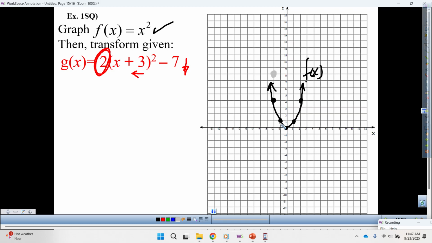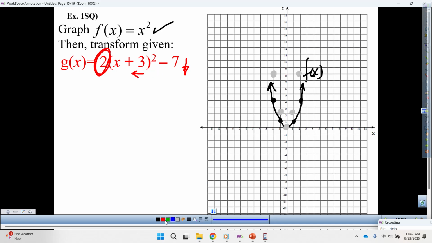Negative 1, 2. That is correct. 0, 0 stays 0. 1, 1 becomes 1, 2. And 2, 4 becomes 2, 8. And now we have our new points, and now we're going to move them what? 3 to the left and 7 down.